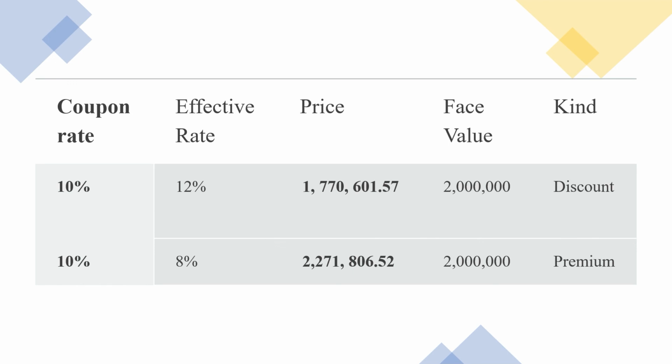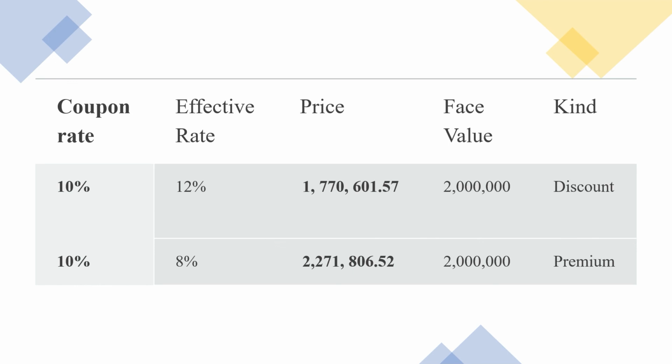In the second sample, our effective rate changed to 8%, so our price also changed to $2,271,806.52, which is above the face value of 2 million and is said to be selling at a premium, or is called a premium bond.